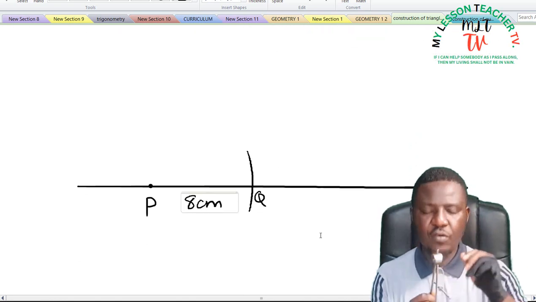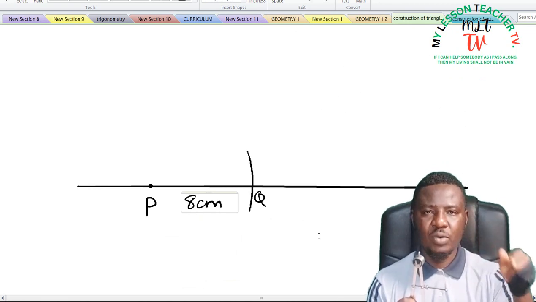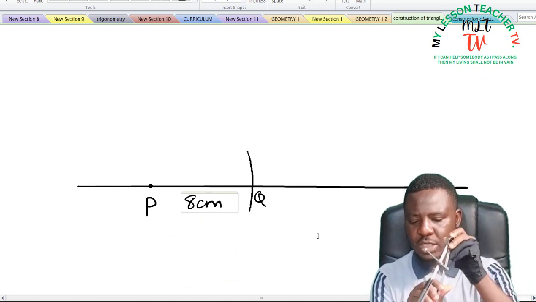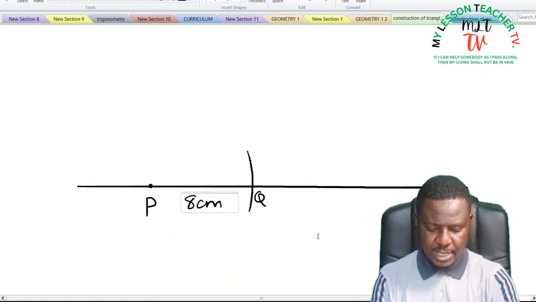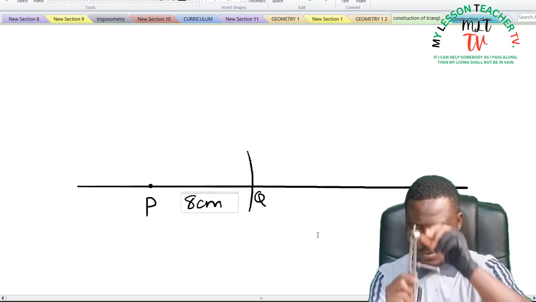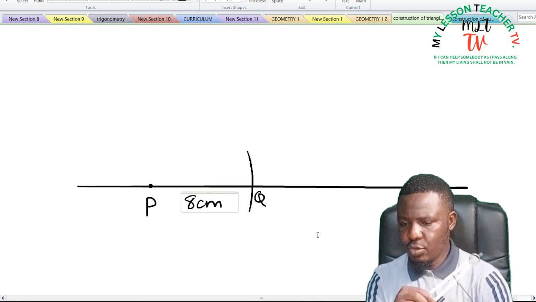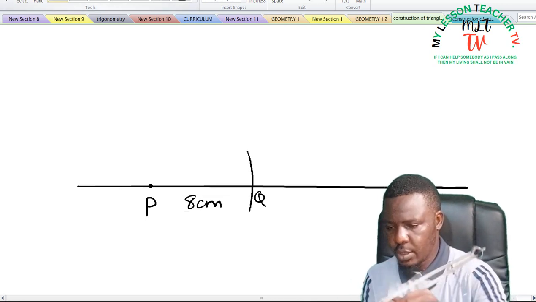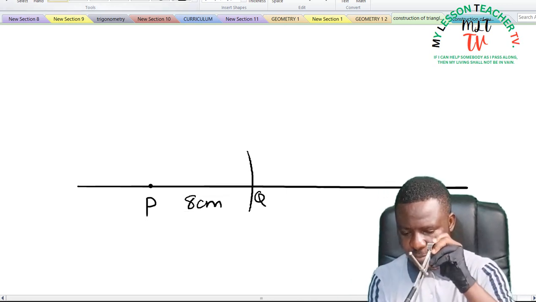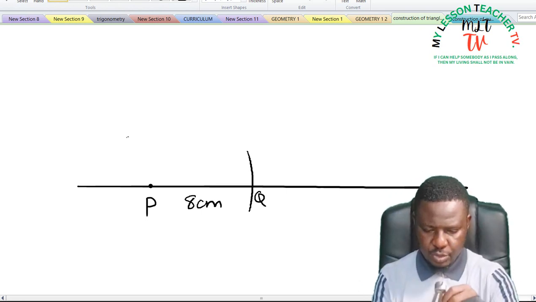And how do we construct angle 45 degrees? We can get angle 45 degrees when we bisect angle 90 degrees. So in order for me to construct angle 90 degrees, I'm going to pick any suitable radius, with P as center. Let me use a lighter stroke. With P as center, let me reduce the radius.